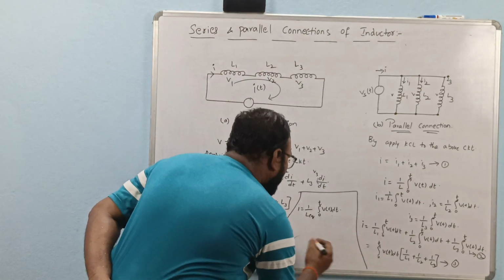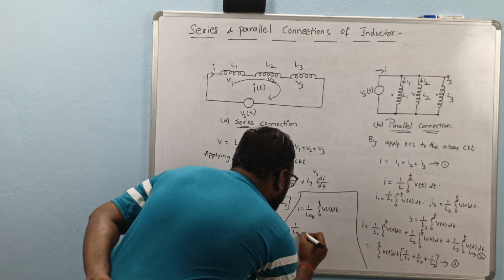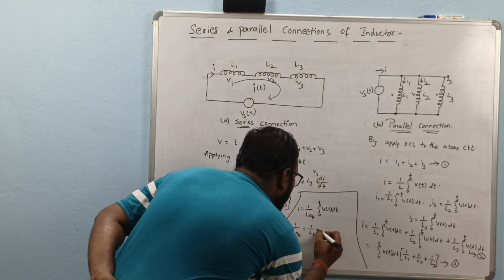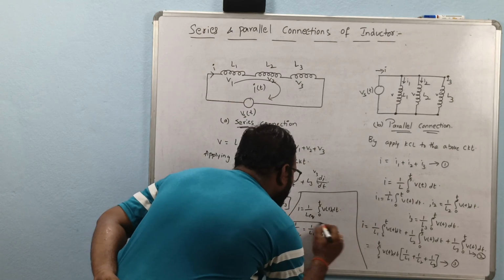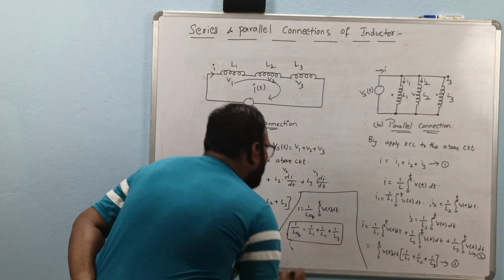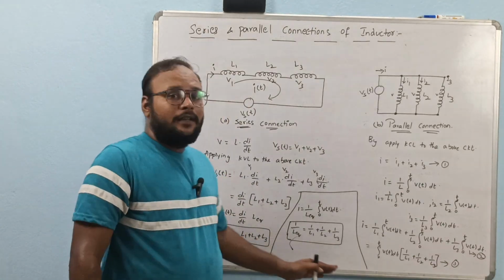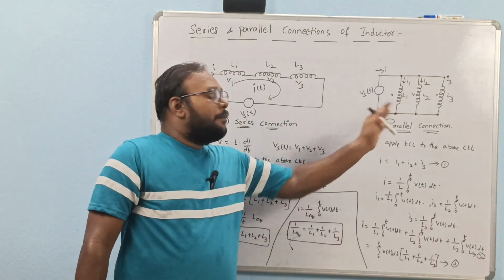So 1 by L equivalent is equal to 1 by L1 plus 1 by L2 plus 1 by L3. This is the equivalent inductance when the inductors are connected in parallel.